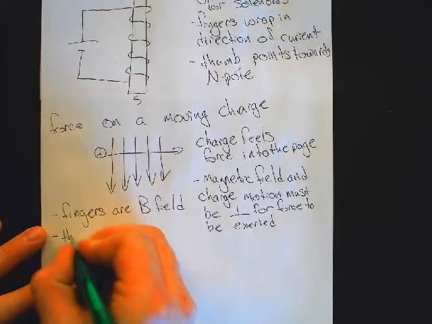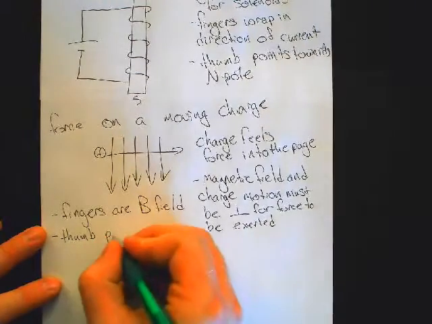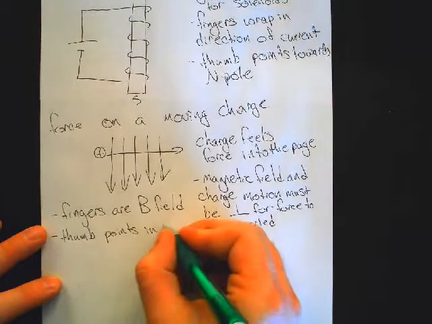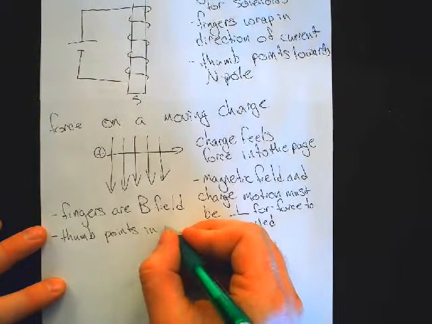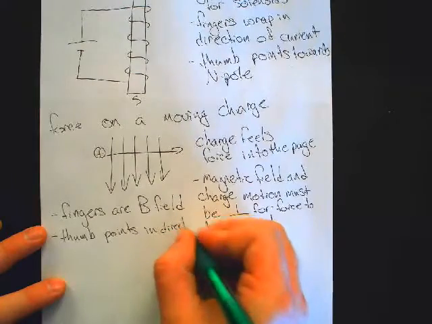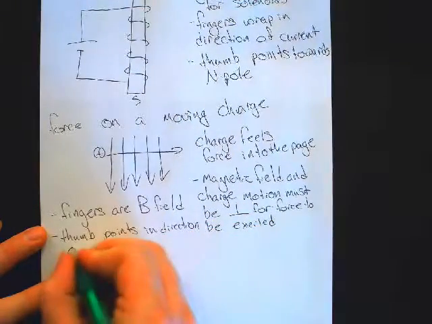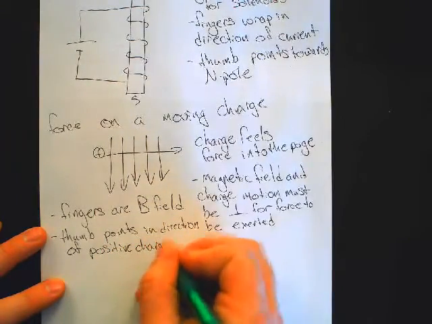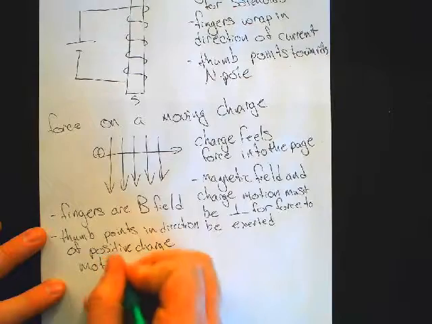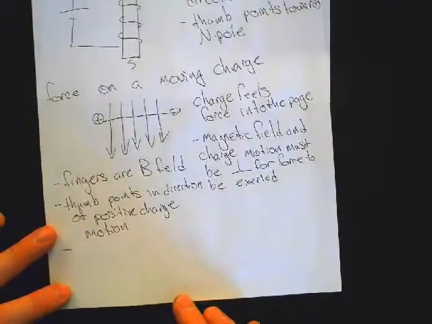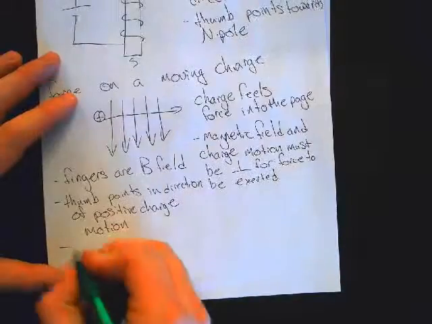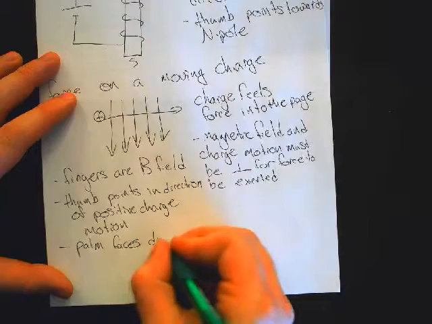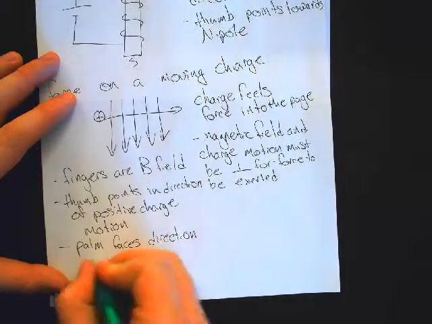So your thumb points in direction of positive charge motion. And then your palm will face in the direction of the force the charge feels. Palm faces direction of force.